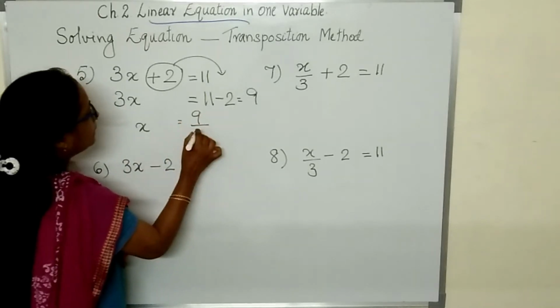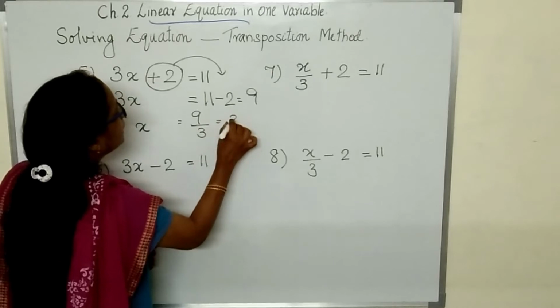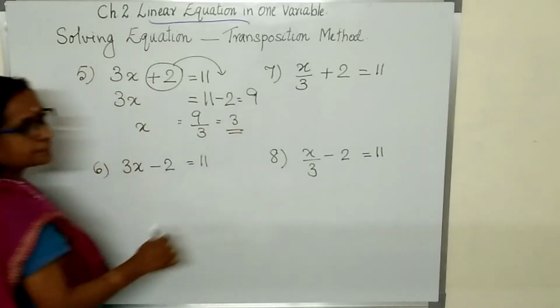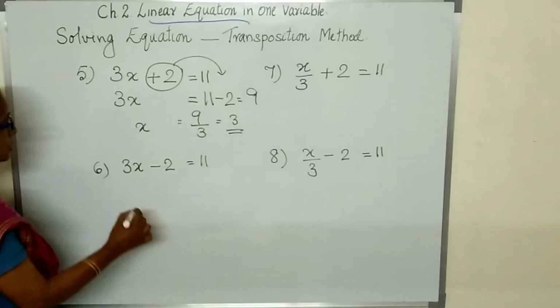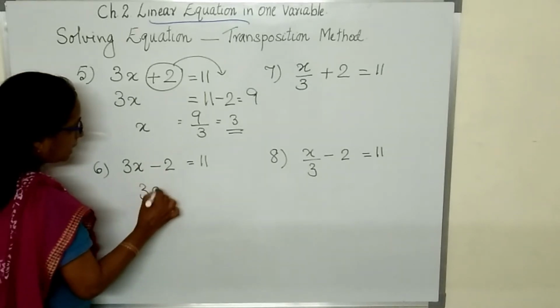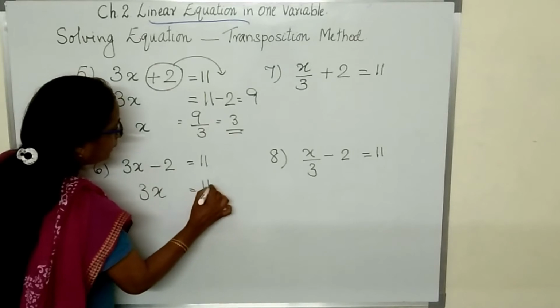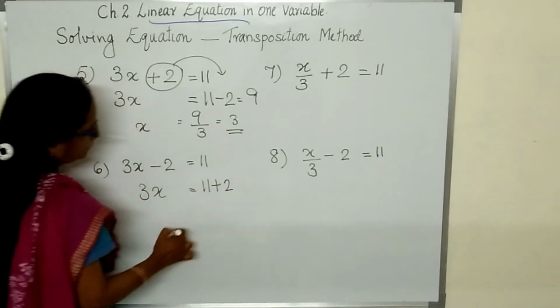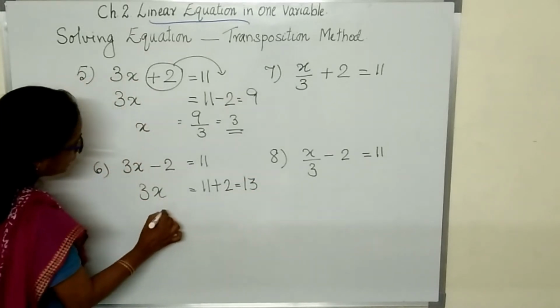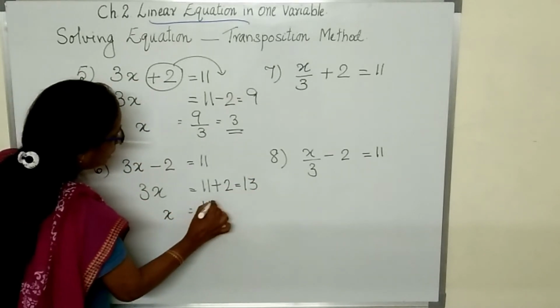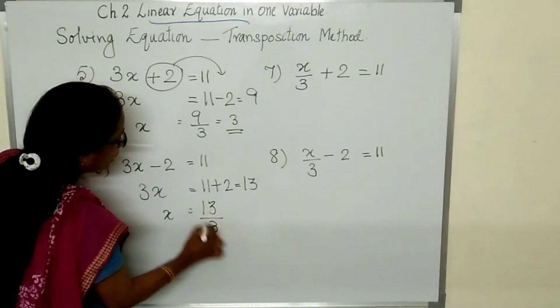This 3 will come down, so x is equal to 3. Now if it is 3x minus 2 equal to 11, what would come? 3x is equal to 11 plus 2, which is equal to 13. So x is equal to 13 upon 3.